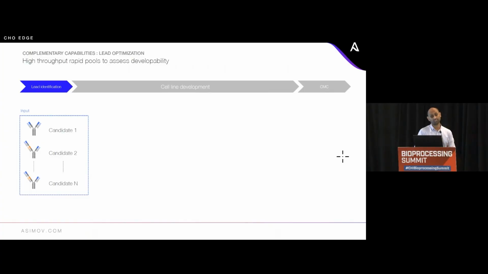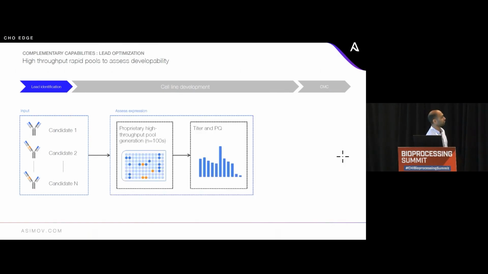They could be tested in transient, but that transient data doesn't correlate well with stable data. And so what we've developed is a high throughput way to develop stable pools. This can be up to hundreds of stable pools, and those stable pools are very correlated with the final clones that come out the back end.